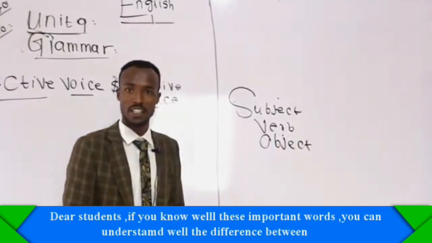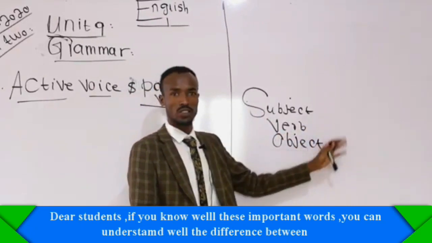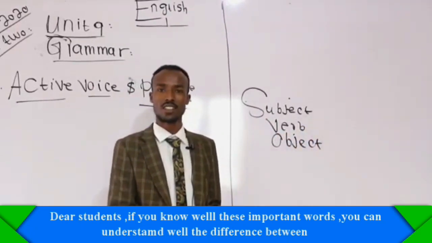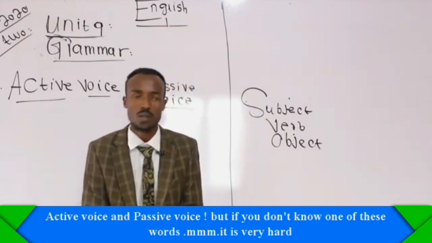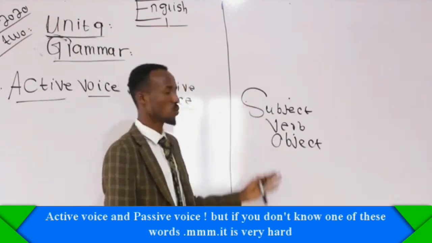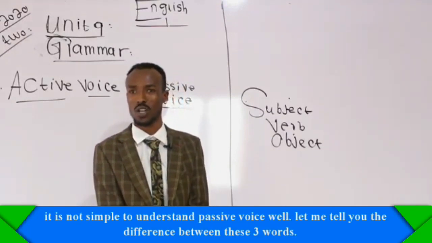Dear students of mine, if you know well these three important words, you can easily understand the difference between active voice and passive voice. But if you don't know one of these words, it's not simple to understand passive voice well.